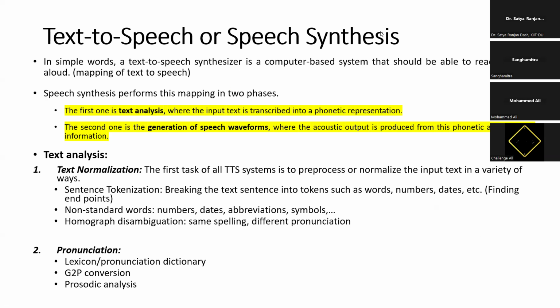The job of text analysis is to transcribe the input text into a phonetic representation. The second phase is generating the speech waveforms. Once you have the phonetic sequence, the next important function is to generate the corresponding speech waveforms to produce the acoustic output.